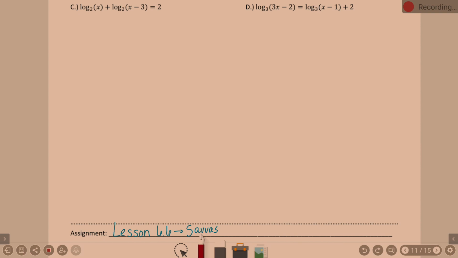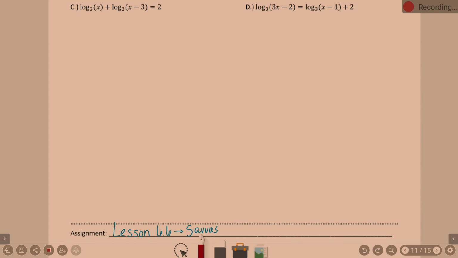On C, my logs are on the same side, but here's the deal. There's also a number over there. So think about this. Even if I separate my logs, I'm going to have a log equal to a log plus or minus some number. Am I going to have a log equal to a log?